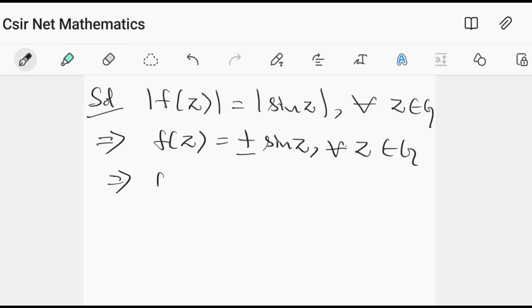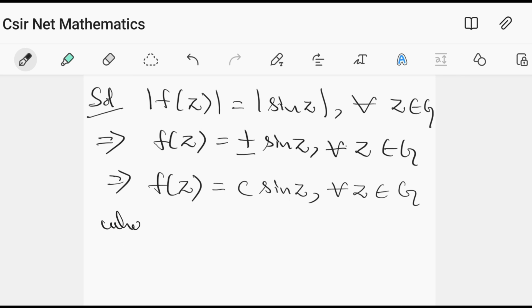Now this will imply f of z is equal to, instead of writing plus or minus sin z, let us write it as some constant times sin z. That constant, we do not know whether it's plus or minus; it may be plus 1 or minus 1. So instead of writing plus or minus, I wrote it as the constant C for all z belonging to capital G, where C is equal to plus or minus 1, isn't it?